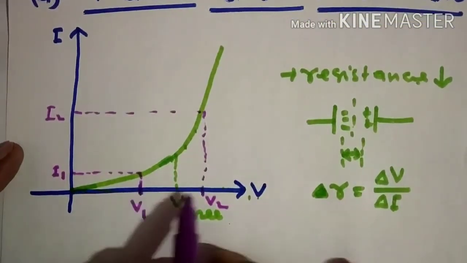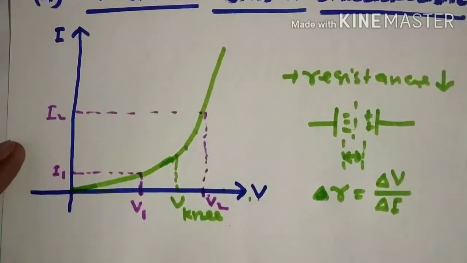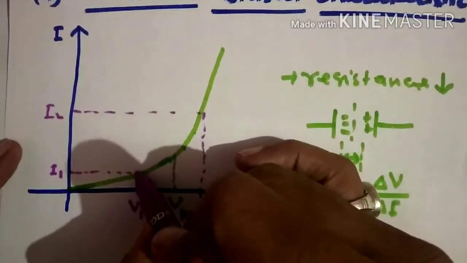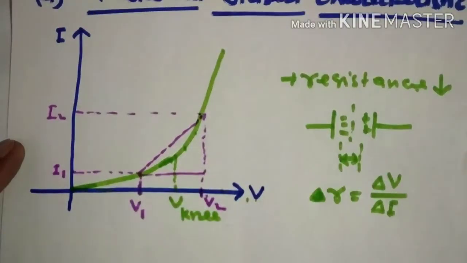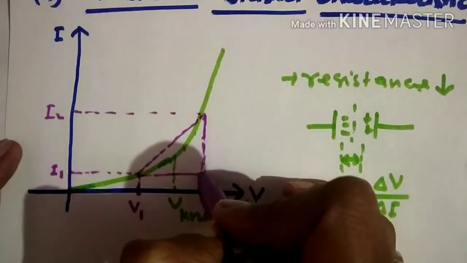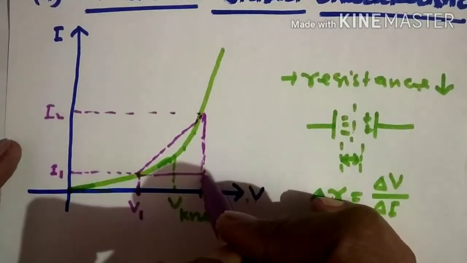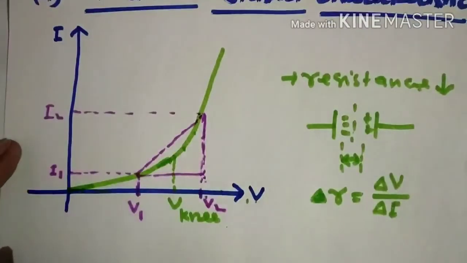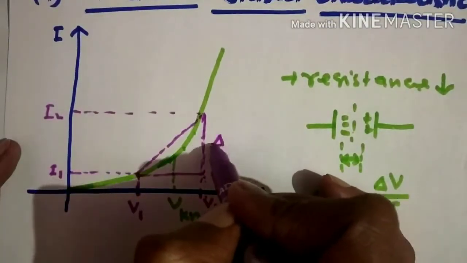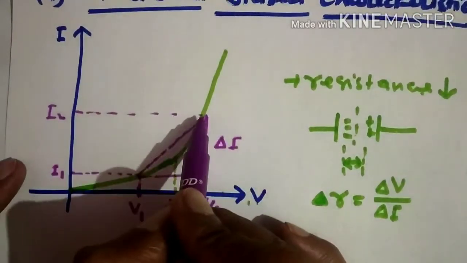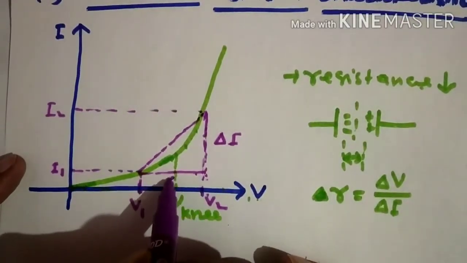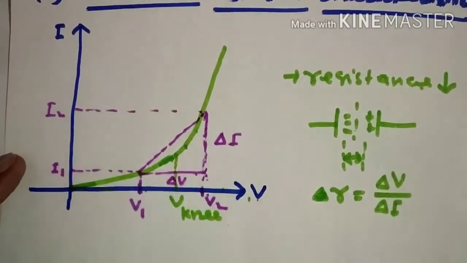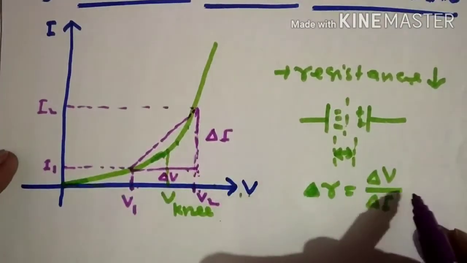When we change the voltage from V1 to V2, what will be the value of resistance? To know the value of resistance, just draw this triangle. This vertical axis represents I, so it will represent delta I, that is I2 minus I1, and this horizontal part will represent delta V, that is V2 minus V1. Thus the dynamic resistance.